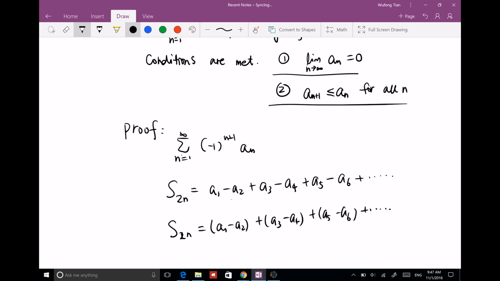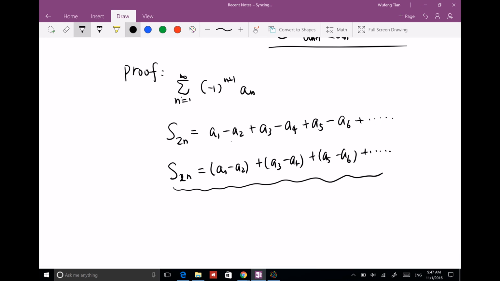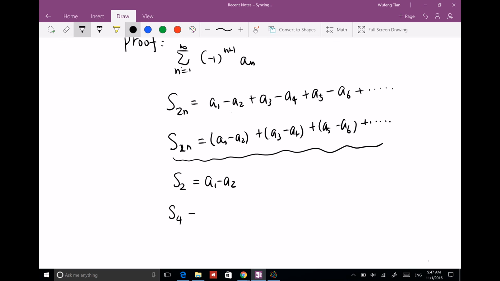Okay, so I'm going to look at this S_2n series. If you look at the series of this one, S2 equals a1 minus a2, S4 equals a1 minus a2 plus a3 minus a4. That makes sense to you, right?